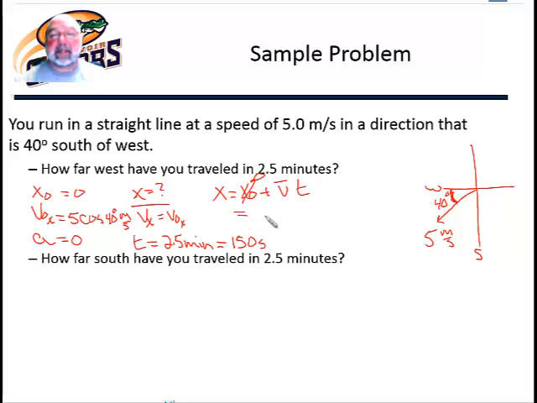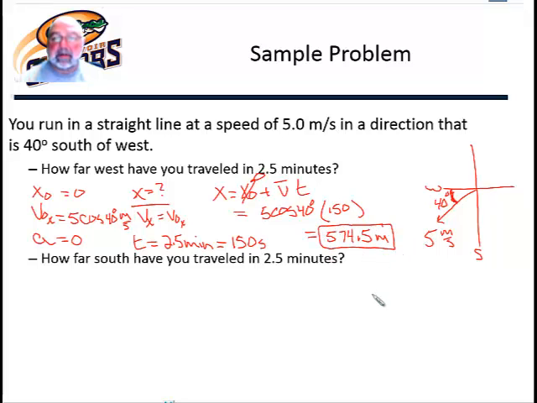So this would be 5 cosine 40 degrees times the time of 150 seconds. And that would equal about 574.5 meters. So this is the answer for that part of the question.